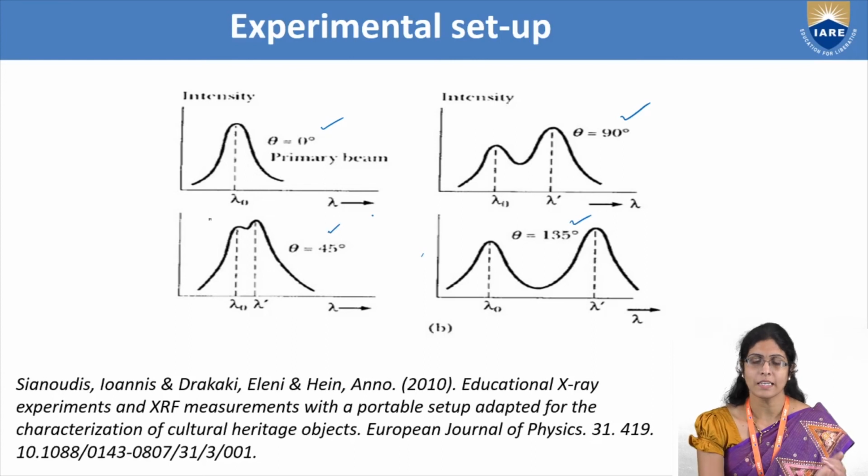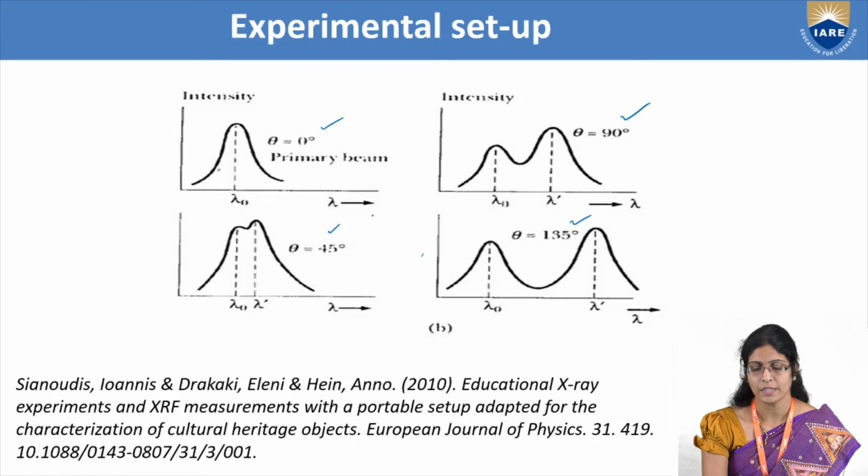For 0, it is the initial beam which goes straight, so it is just the incident beam, which you call the primary beam. Because now we are getting a new part evolving. Once the scattering angle increased to 45 degrees, there emerged a little bump.